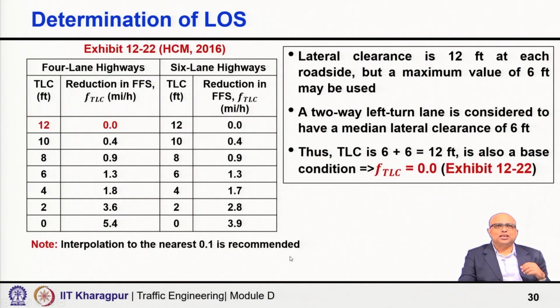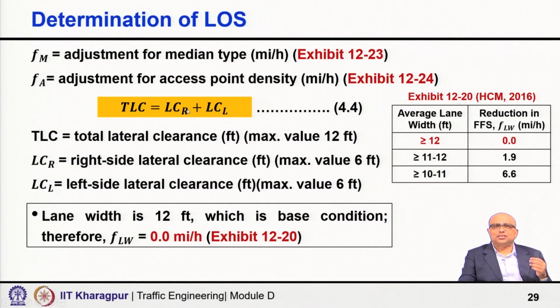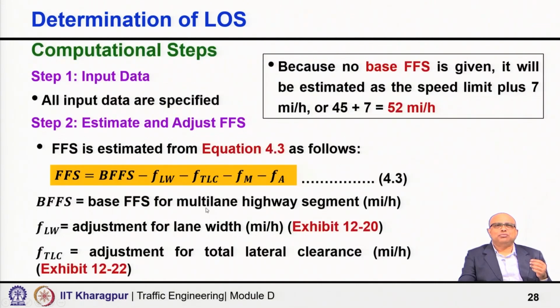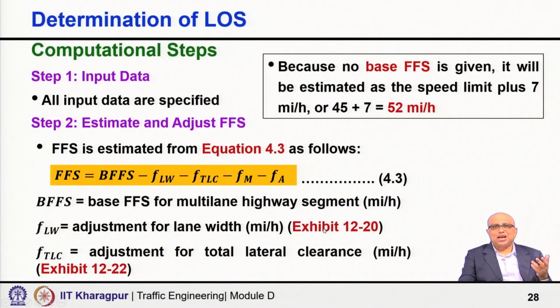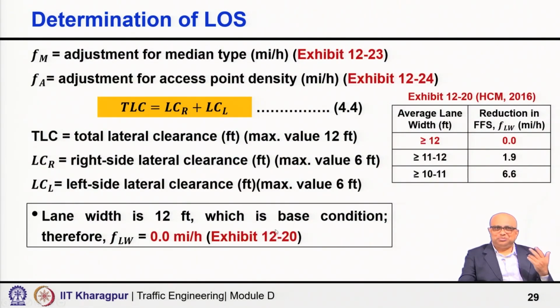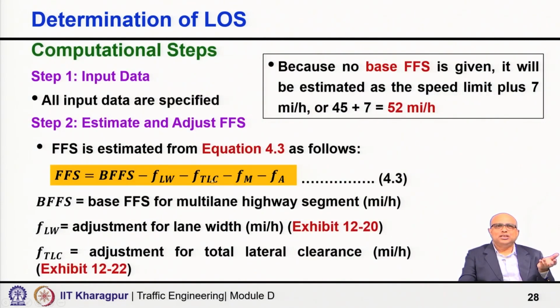Now, total lateral clearance is lateral clearance left side plus lateral clearance right side, but in each case you have lateral clearance 12 feet, and we know that the maximum value is 6 feet. Even if 6 feet and above, no correction is required, that is adequate. So, 6 plus 6 is 12, and so here also that correction is 0. So, lane width correction is 0, and also the TLC, the total lateral clearance correction is 0.